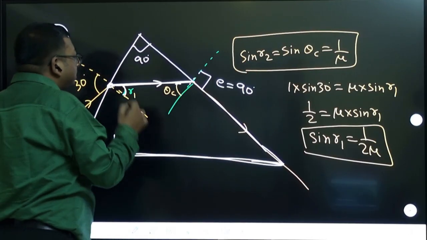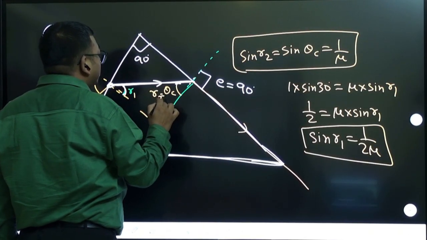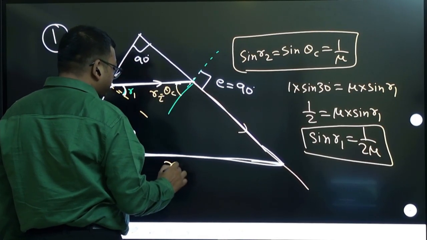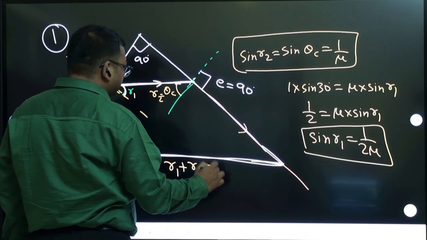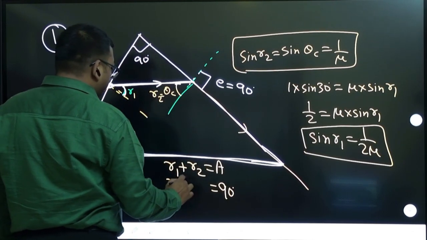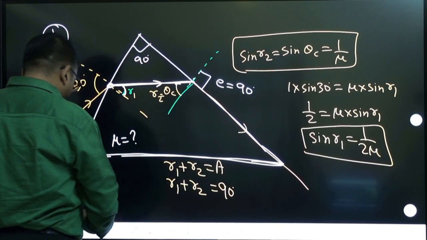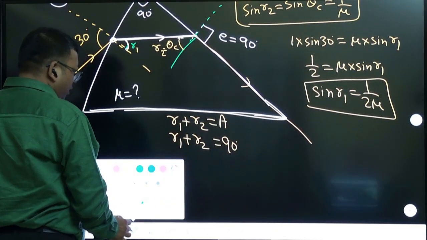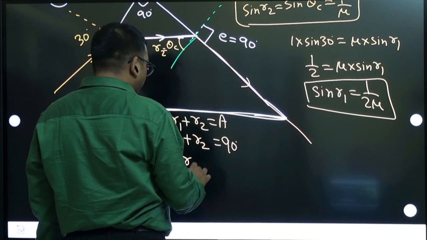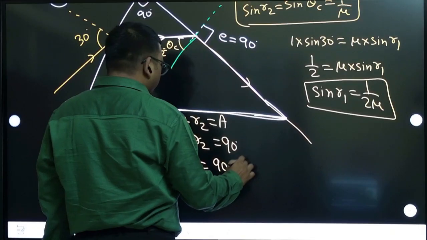Now I will try to use this idea that R1 plus R2 is equal to 90 degree, which is A. So I will write R1 as 90 minus R2.